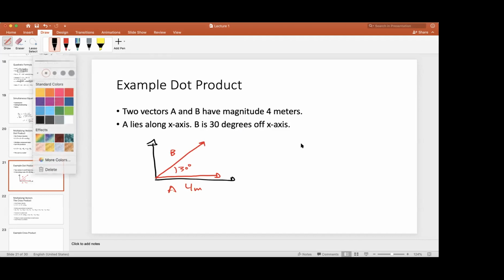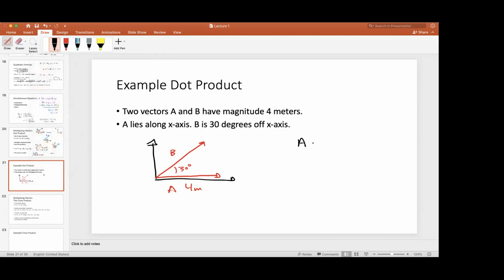A is 4 meters, and it's in the x-hat direction only. Another way of saying this is AX is 4, AY is 0. BX is 4 times cosine of 30, remember, they both have the same magnitude. And BY is 4 times sine of 30.